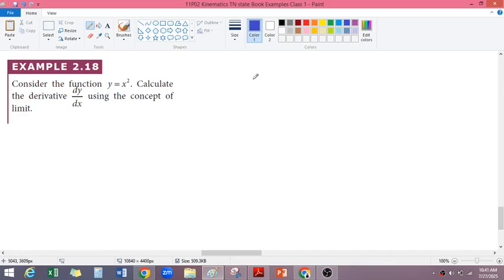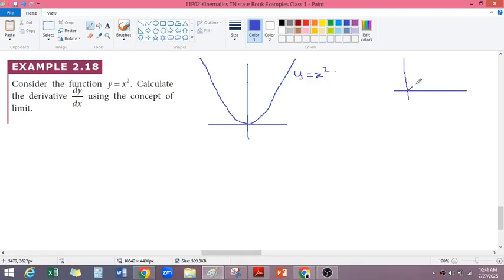Calculate the derivative dy by dx using the concept of limit. So y equals x square, the parabola will look something like this. You see the slope is not the same. If I draw a line like this, the slope is the same everywhere, so the slope of a straight line is constant. But this is not a straight line, it is a parabola. Here the slope will be less, here a little more, and here even more. So at every point the slope will keep on increasing.